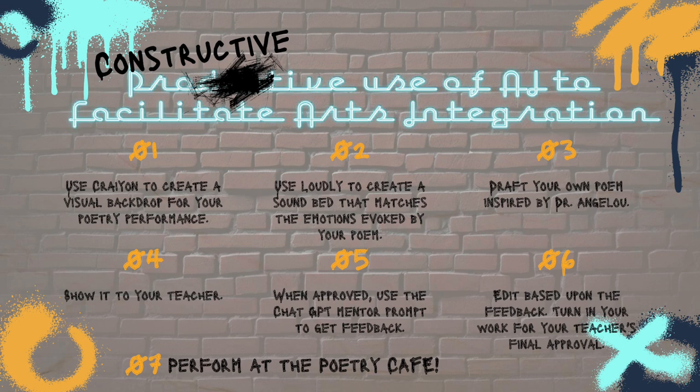Okay? Also, after you use ChatGPT, I'm going to look at your revisions as well. So there's two times I'm going to see your work, before you use ChatGPT and after you do your revision. Because you don't get to come in my room and be in my cool poetry cafe and eat marshmallows, oh yes, we serve marshmallows, unless you've showed me your poem twice.